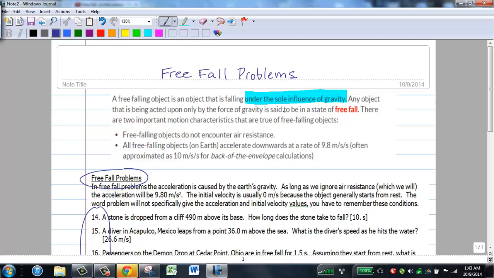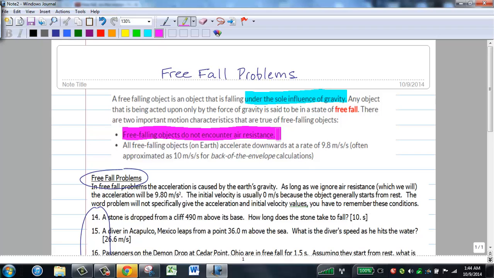But again, the key idea here is that gravity is the only force on the object. So if an object is in free fall, it means basically that we are ignoring air resistance. So freely falling objects do not encounter air resistance.